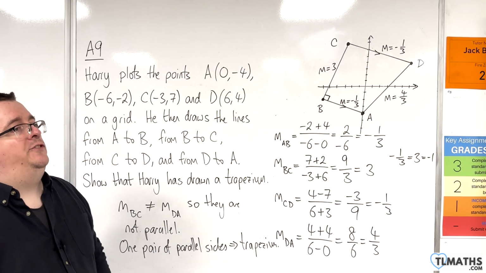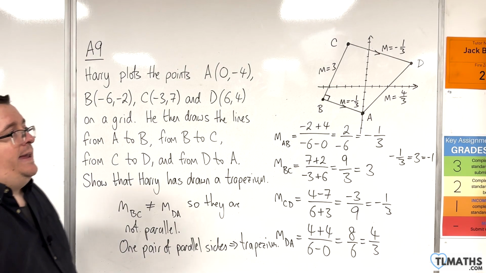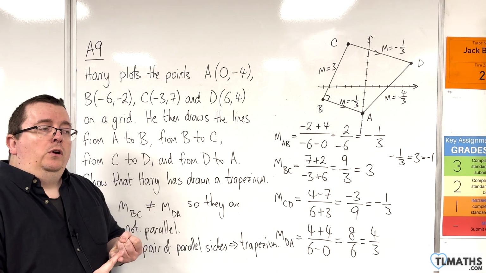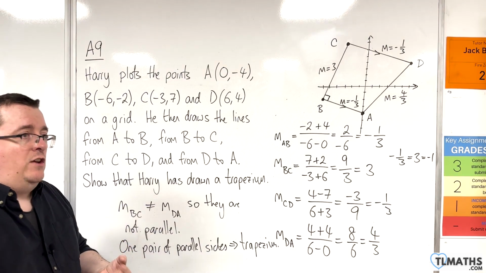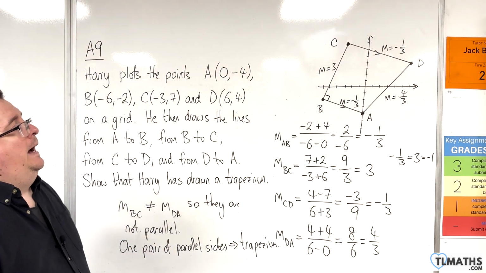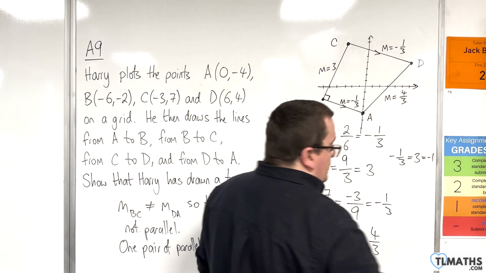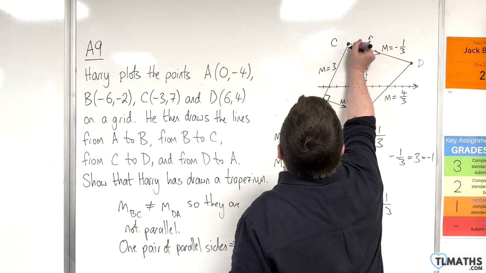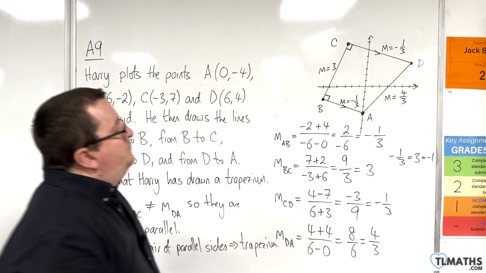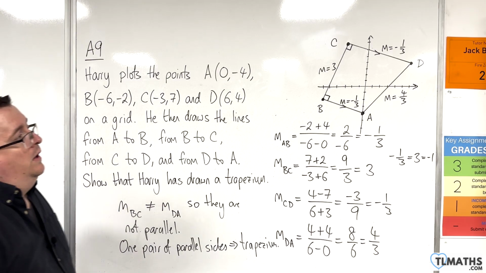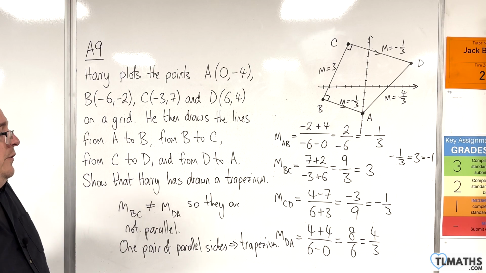If it was to have 2 pairs of parallel sides, then we could have a rhombus, or a parallelogram, or a rectangle, or a square. But, and I didn't put this on my diagram, that's a right angle as well. But yes, because we've only got the one pair of parallel sides, that gives us the trapezium.